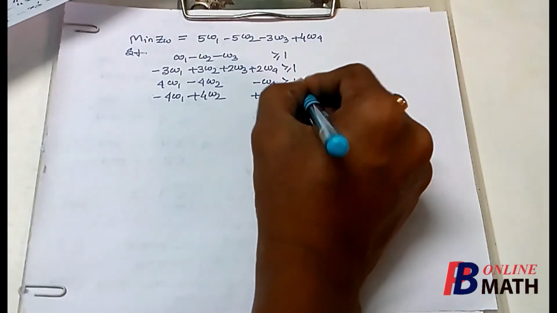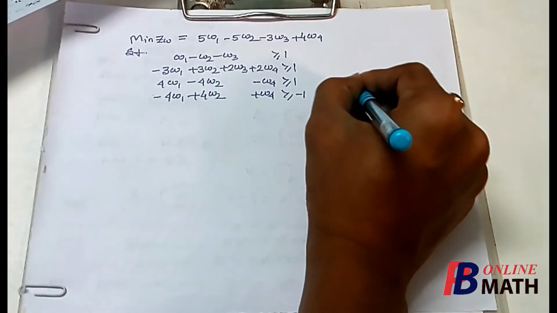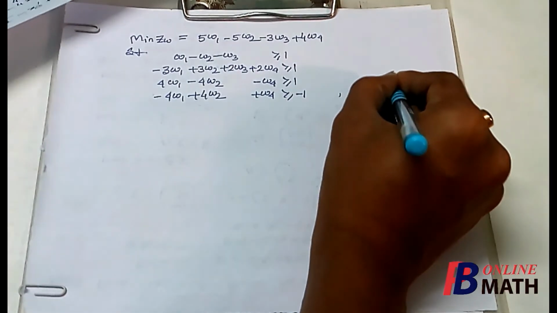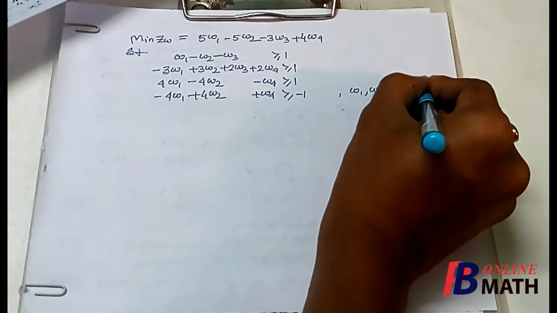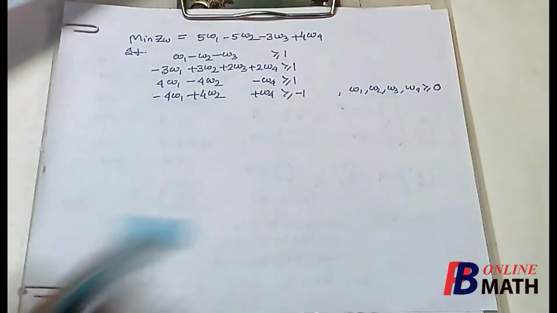So it is greater than or equal to minus 1, where omega 1, omega 2, omega 3 and omega 4 are greater than or equal to 0.